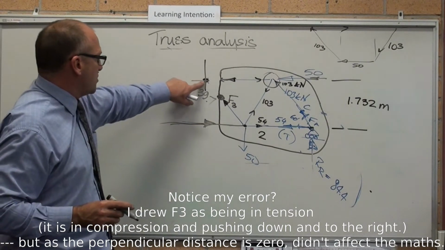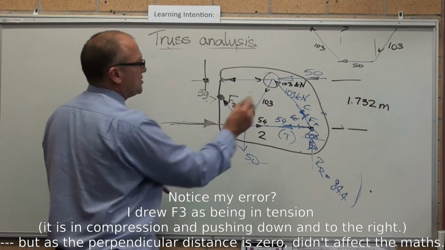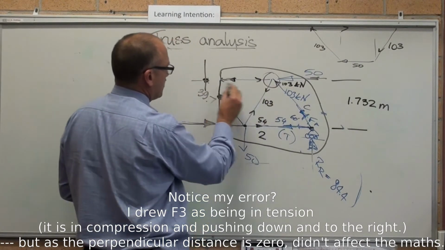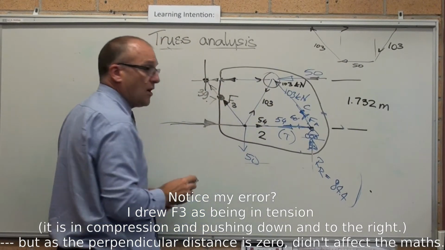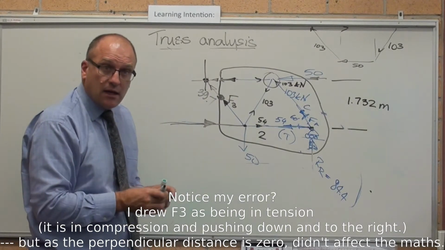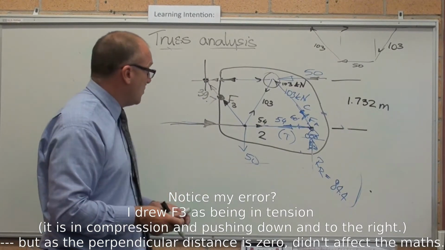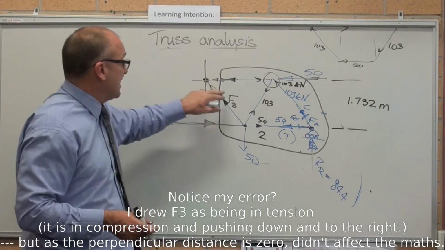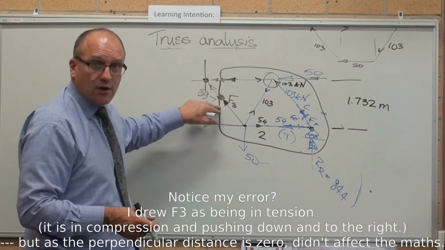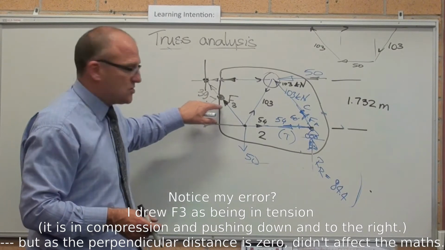If I take moments about that point, it cancels. That distance is 0, that distance is 0, that distance is 0, and the maths is automatically easier. You can choose any point at all that you want, but I choose that one because it makes the maths easy and it cancels two unknowns where I don't need to bother about figuring them out first.